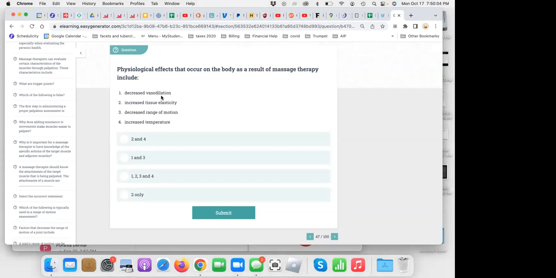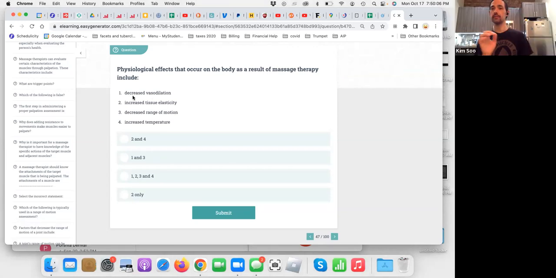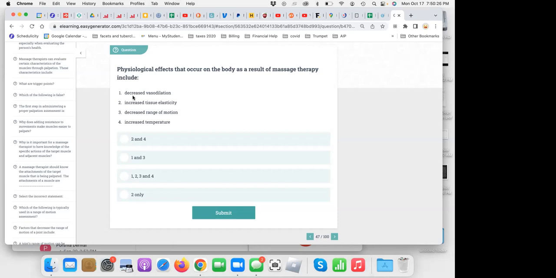Okay, great. So decreased vasodilation would mean what is actually happening to the blood vessels? Are the blood vessels opening? Are they closing? Or is the rate at which they're opening going down? They're closing.